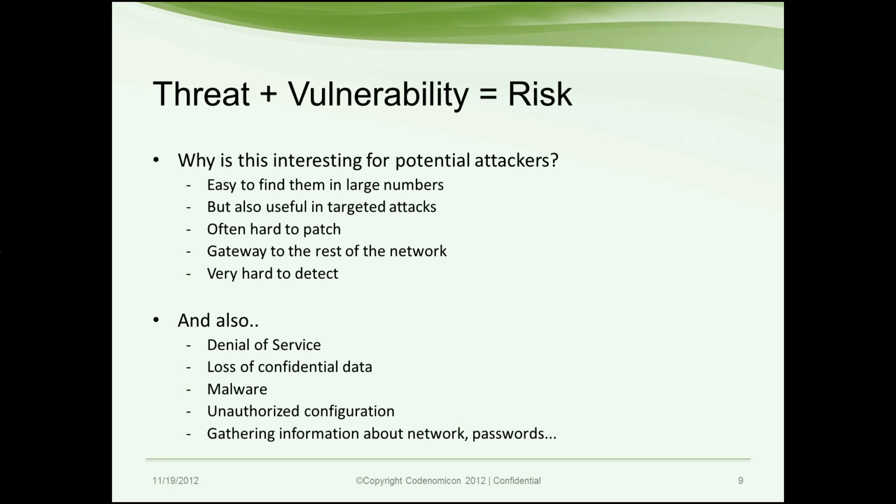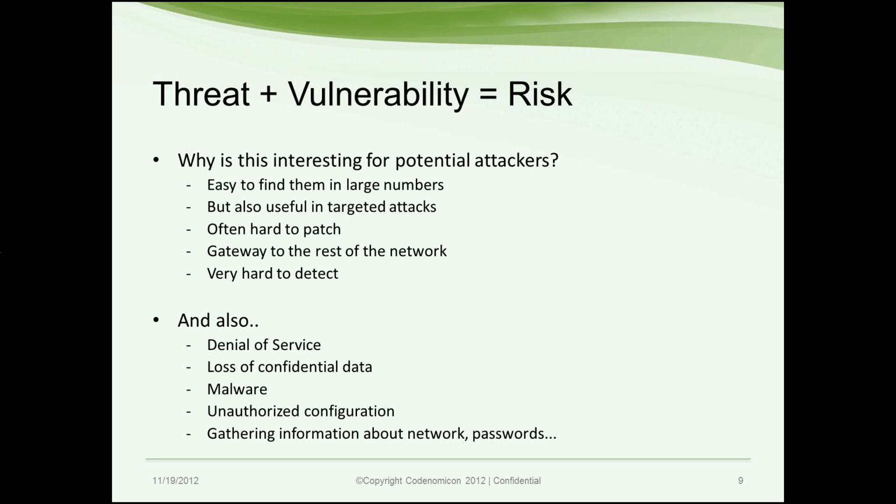Installation of malware, sending for example spam from your device, is one thing that's interesting for attackers. Unauthorized configuration, as mentioned earlier, is the changing of the routing table in your router itself, so that data is routed differently than to where you actually intended it to go, and thus gathering information about networks and passwords, etc.